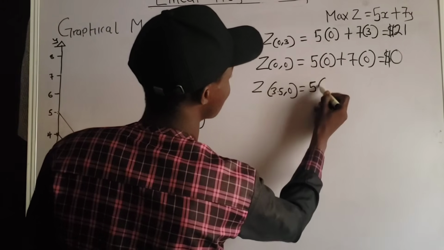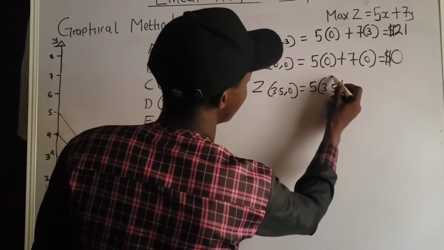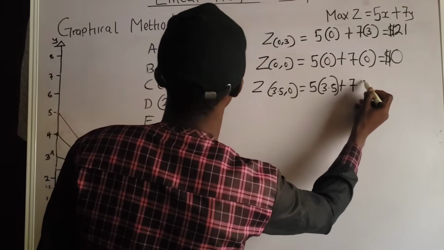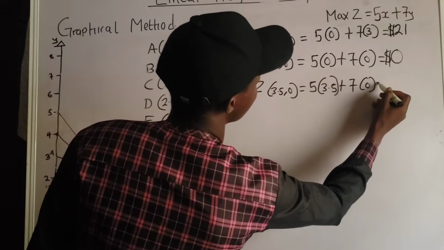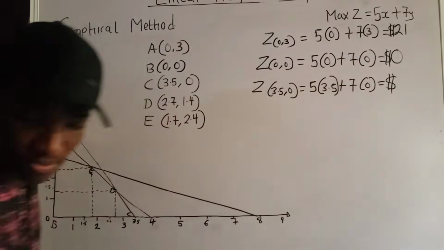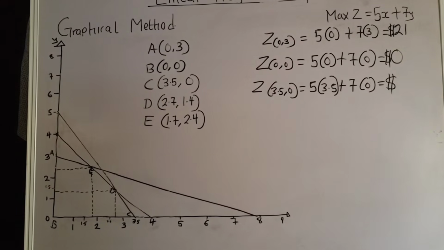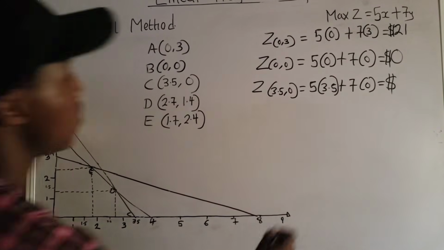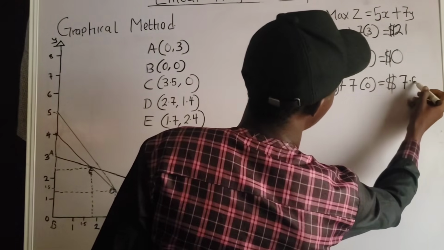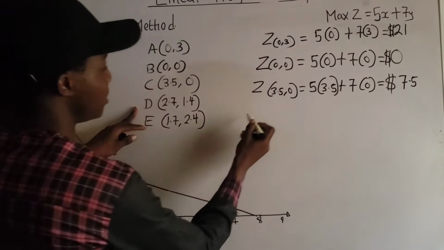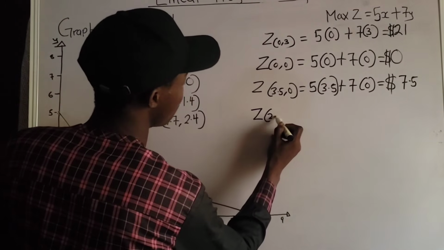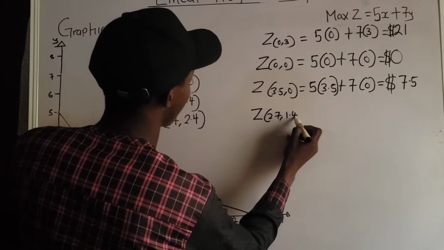For point C, I have z at 3.5, 0. That is 5 into bracket 3.5 plus 7 into bracket 0. 5 multiplied by 3.5 gives me 17.5. So this one will be $17.5. Okay, for point D, z at 2.7, 1.4.